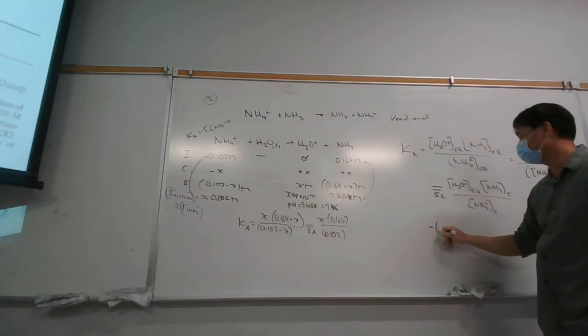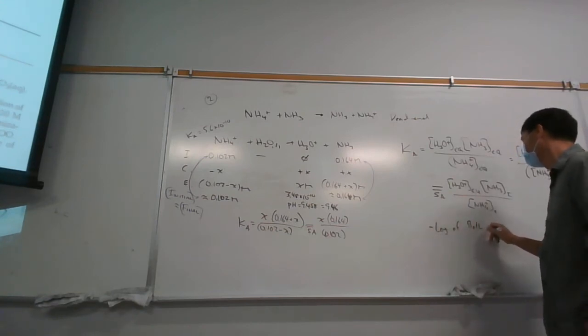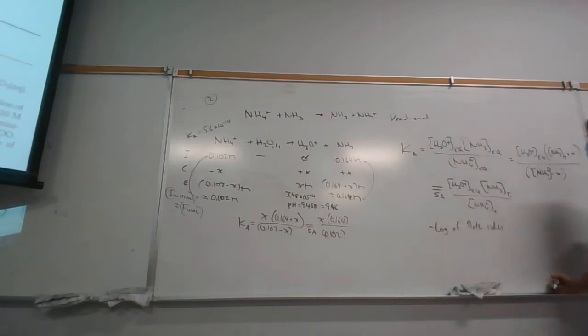So we get the negative log of Ka equal to the negative log of hydronium at equilibrium, and I'm going to put separately the negative log of ammonia initial over ammonium initial.